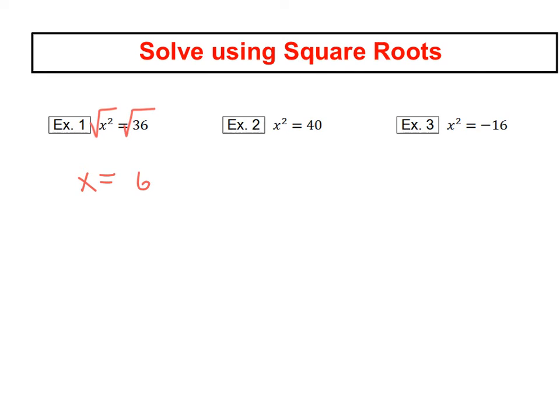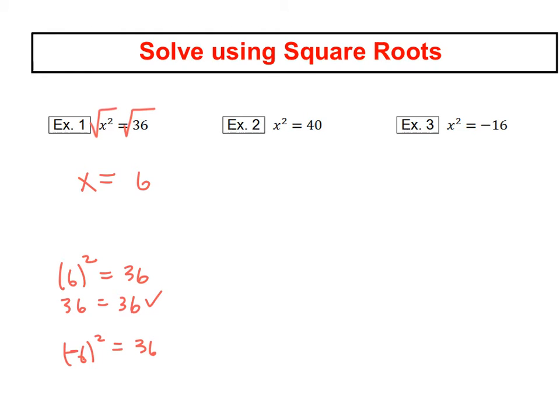Now some of you might remember, there's just one more thing we have to remember. Let's look at that answer. We said x is 6, x squared equals 36, 36 equals 36, so that works out. But there is one more number that if you square it, you get that positive 36, and that is negative 6.